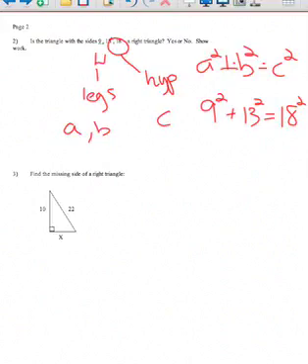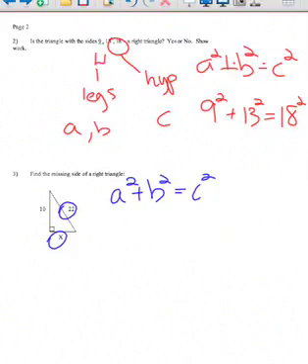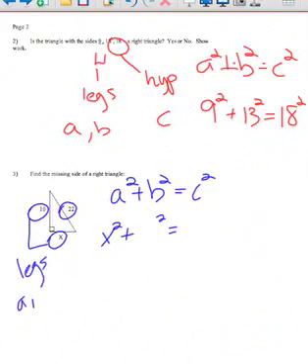Number 3 says find the missing side of the right triangle. Again, since it's a right triangle, we can use the Pythagorean theorem: a squared plus b squared equals c squared. 10 and x are the legs, which are a and b, and 22 is the hypotenuse, which is c.